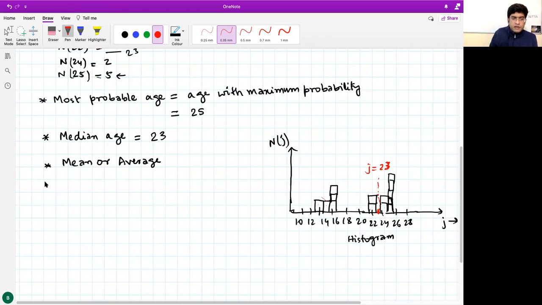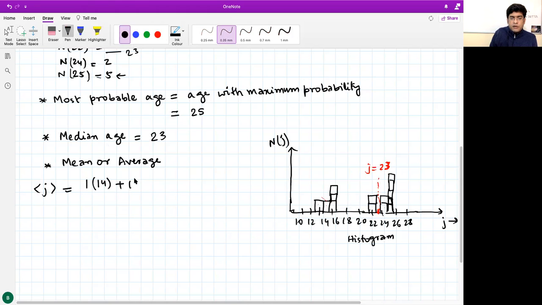Now mean or average. This is written with two angular brackets, this is the notation. How many of them have age 14? 1.